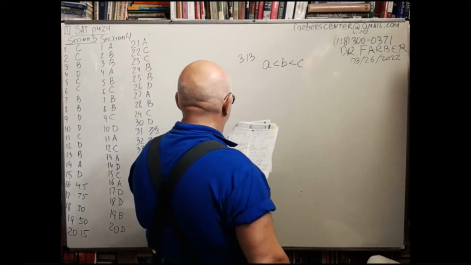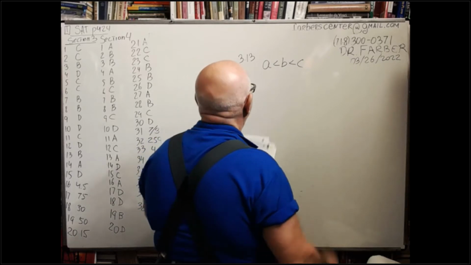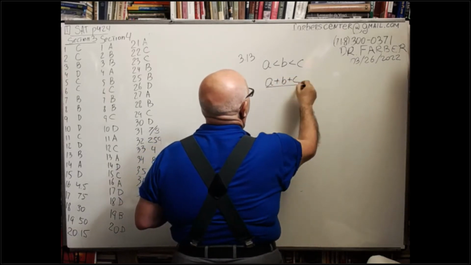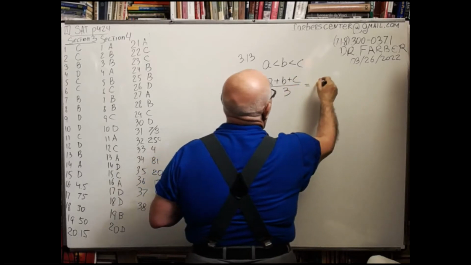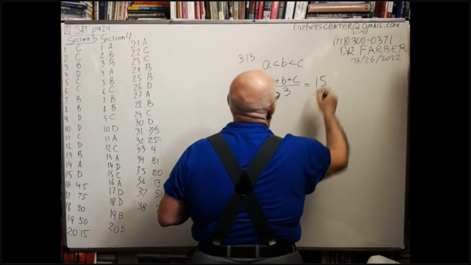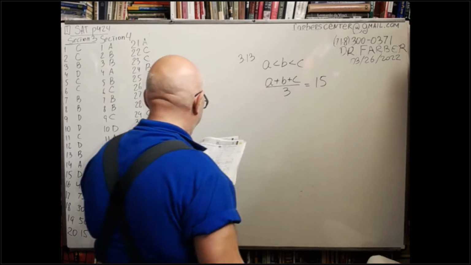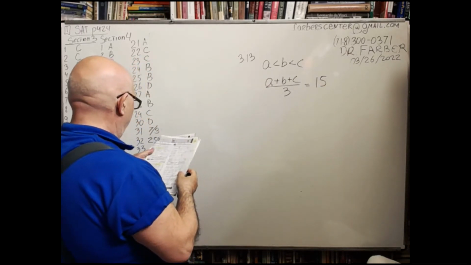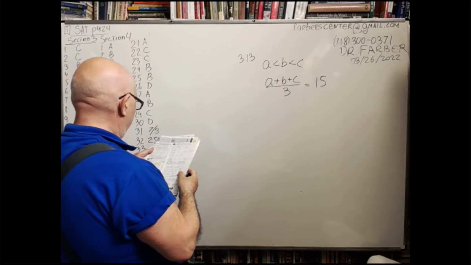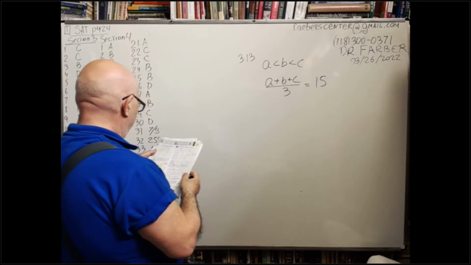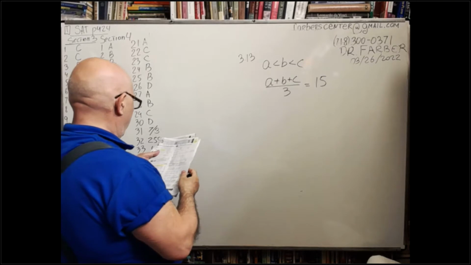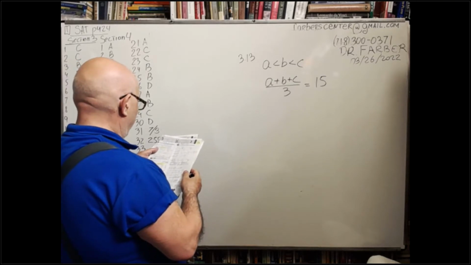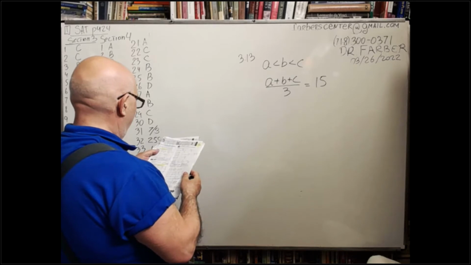And the average of 3, so a plus b plus c divided by 3 equals 15. What else? When the greatest of these numbers is subtracted from the sum of the other two.